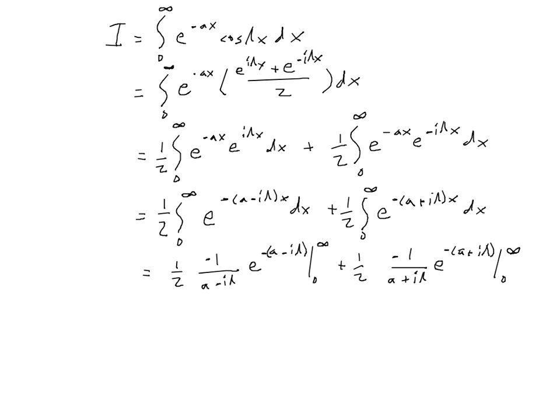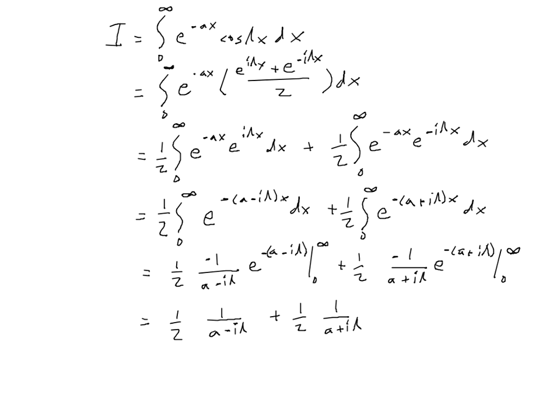So you end up with just the other one, so you have 1/2, and the first one's just going to be 1 over a minus I lambda. And then the other one's going to be 1/2, and it's going to be 1 over a plus I lambda.